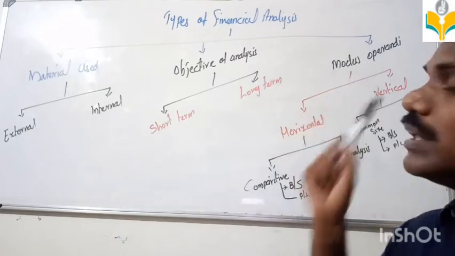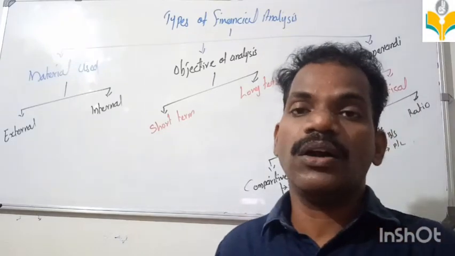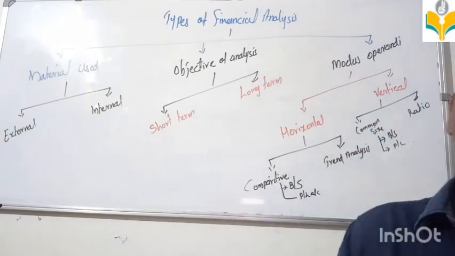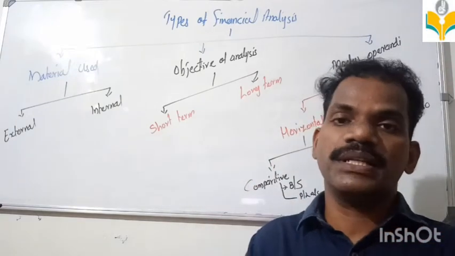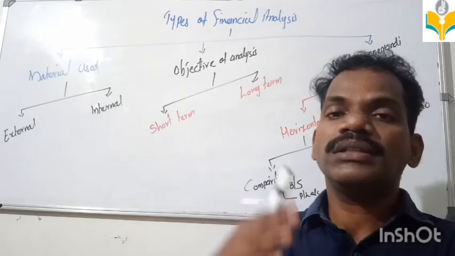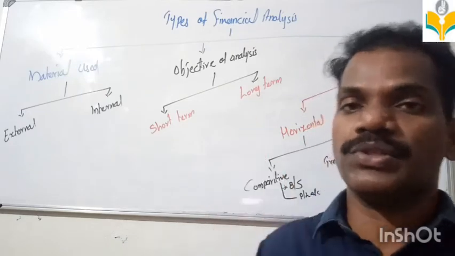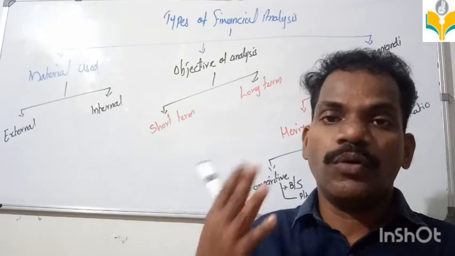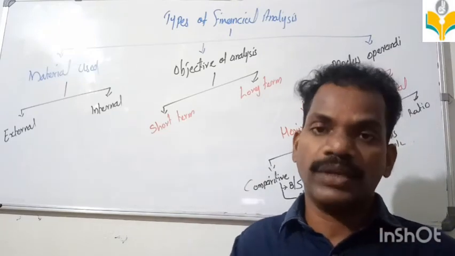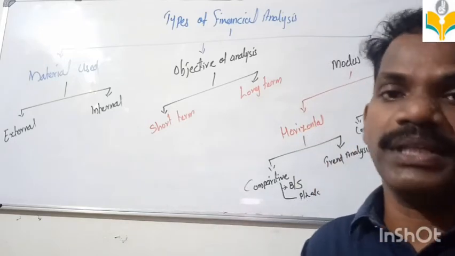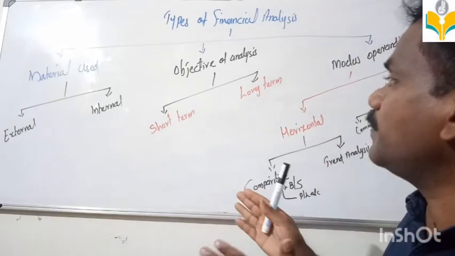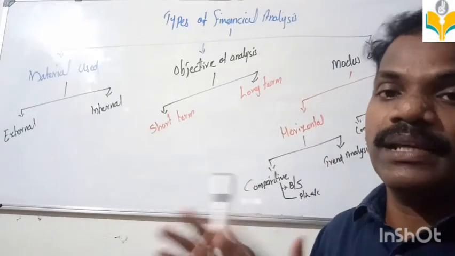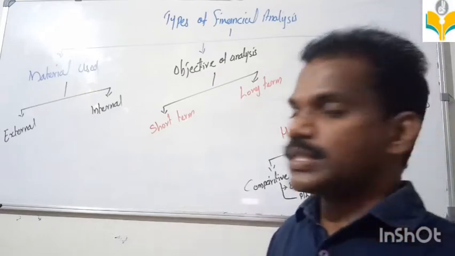Next part, long-term financial analysis. What do you mean by long-term financial analysis? This analysis is made to determine the long-term solvency, long-term stability and long-term earning capacity of a business unit, to prepare future plans or to overcome the long-term liabilities of a concern in future periods, and to determine the long-term capacity or credibility of a business unit.